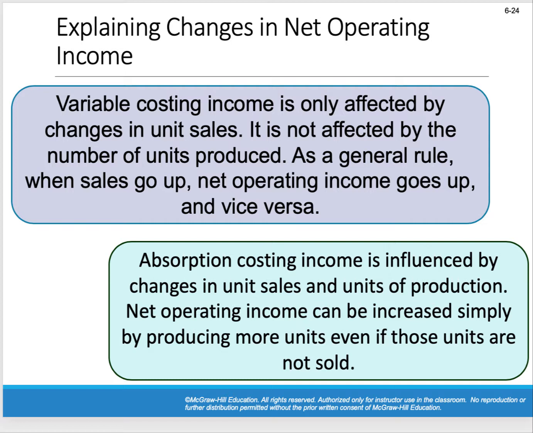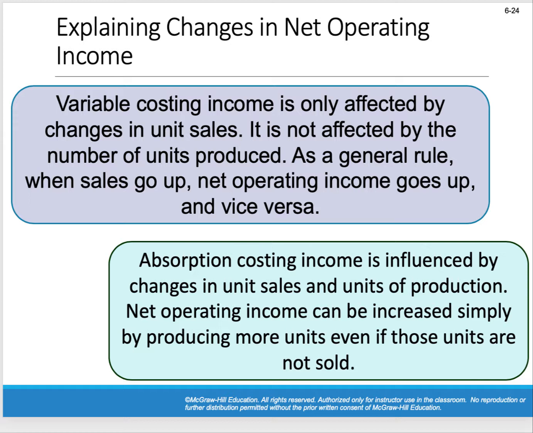So, how do we explain these changes? Very simple, we already did it. It has to do with how we handle fixed manufacturing overhead, and looking at the number of units produced versus the number of units sold. Variable costing income is only affected by changes in unit sales. It's not affected by the number of units produced. Very important we understand that. So we have a general rule here when looking at variable costing: when our sales go up, net operating income goes up as well.